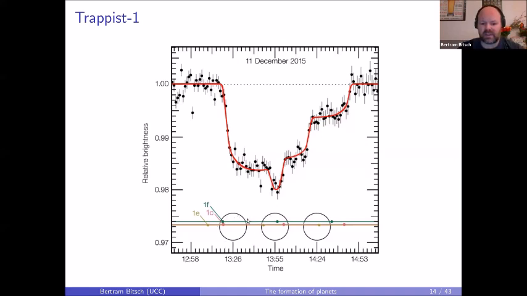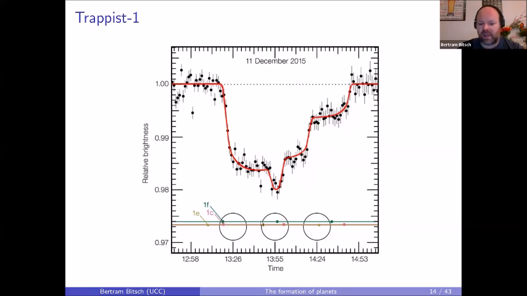You see this indicated here in the bottom of the panel. So the black circle would correspond to the surface area of the star, and then we have these planets here, C, E, and F in this case of this system, and they all move in front of the star. So you see here you have this drop in the brightness curve when the planets F and C move in front of the star.